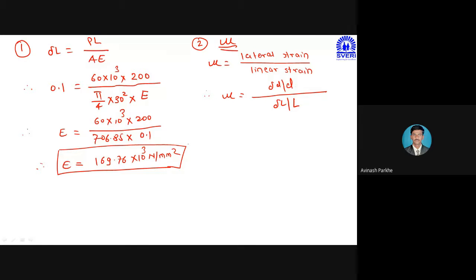So I will put the value: mu is equal to delta D, 0.004 divided by original diameter 30 mm, divided by change in length upon original length, means linear strain: change in length 0.1 divided by original length 200.